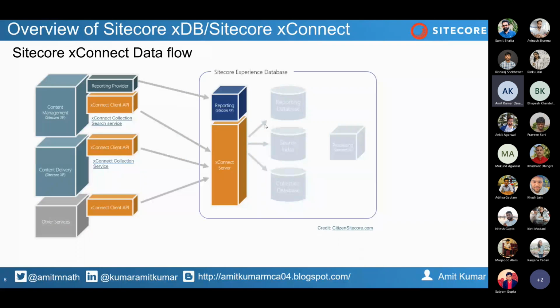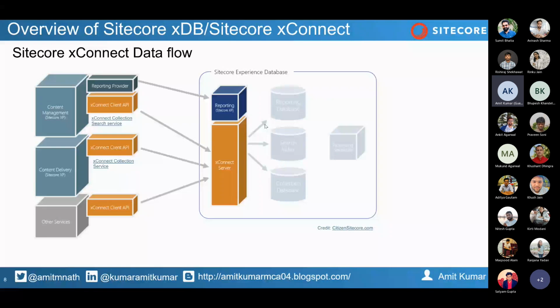In this flow, you also see that content management is using the xConnect collection services, and content delivery is using the xConnect collection service. Basically, the xConnect collection service is utilized when you are writing any code, or making a call to any campaign, or executing any goal. In those scenarios, the content request goes to the CD server, and the CD server utilizes the xConnect client API endpoints to push the data.